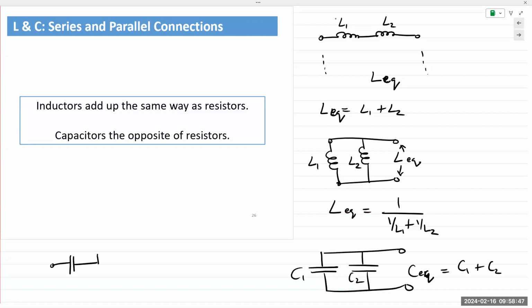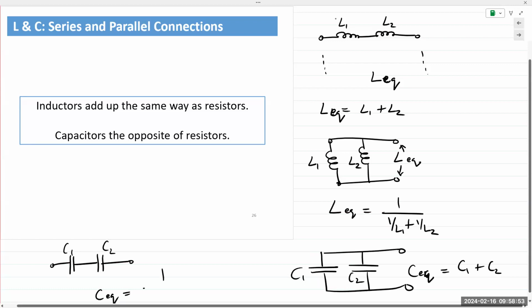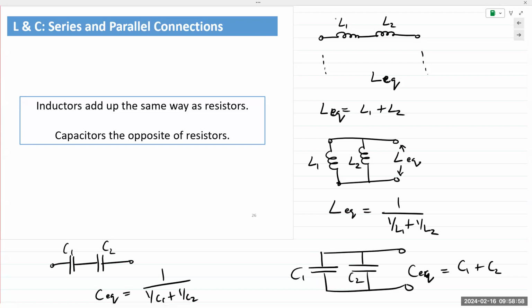And if you had 2 capacitors in series, the CEQ between the outer terminals is given by the reciprocal of the sum of the reciprocals. Okay. So again, inductors add up the exact same way as resistors, capacitors exact the opposite of resistors.